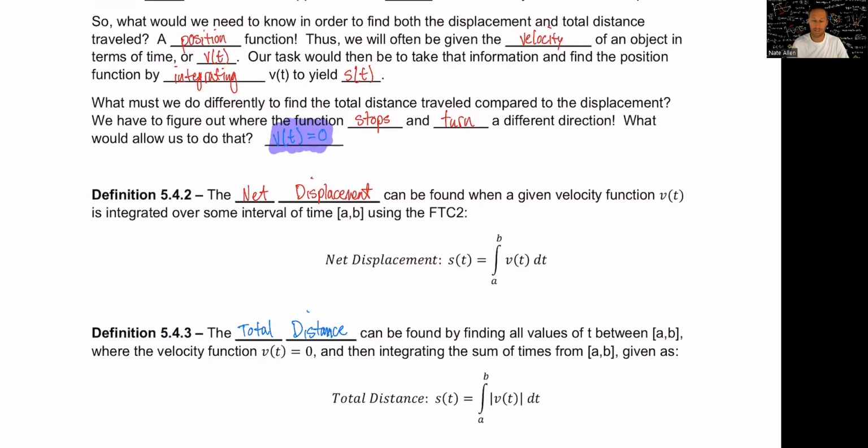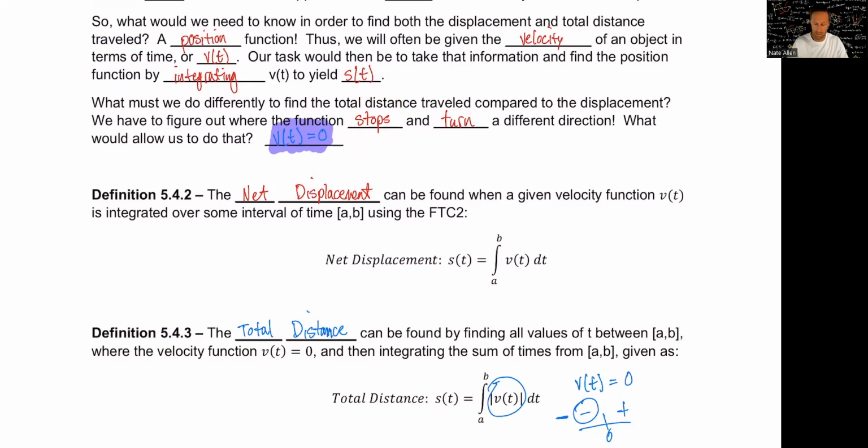So the total distance, we want to know, as you should know, that distance is always positive, which is why we use the absolute values. We would then have to take that v of t and find where it's equal to 0. And then split this thing up by positives and negatives to then combat the negative by throwing an extra negative out in front to give us all of the positive values. That then would give us the total distance. And remember, there can be more than one place that it stops and turns.